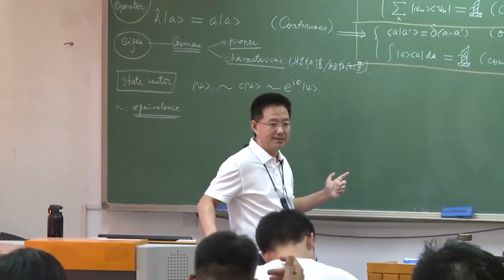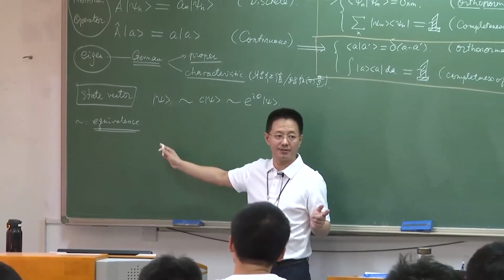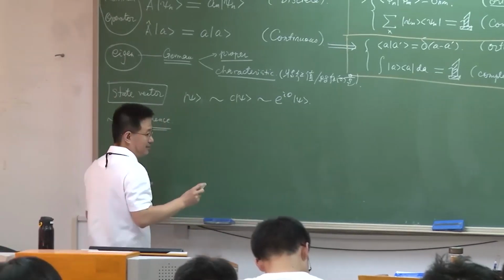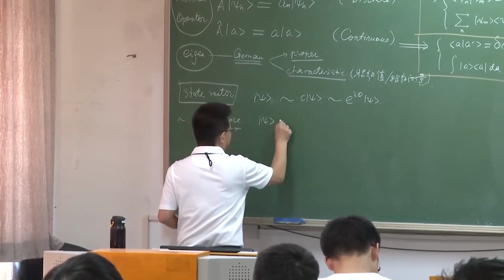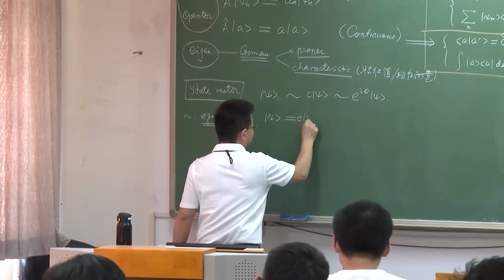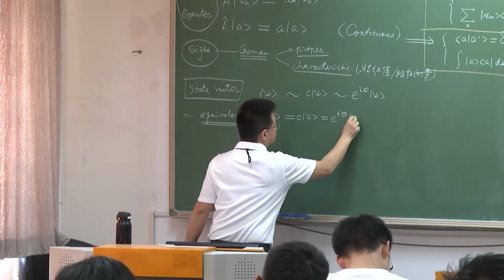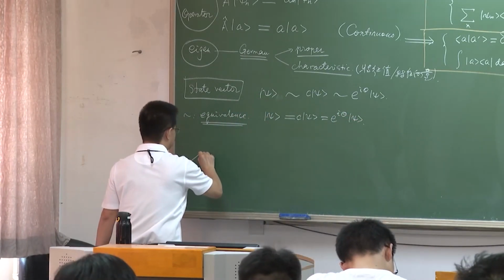But in physics, if you have several vectors that are equivalent to each other, that means the same. So for physics, we say that they are equal. So psi is just like this vector, right?